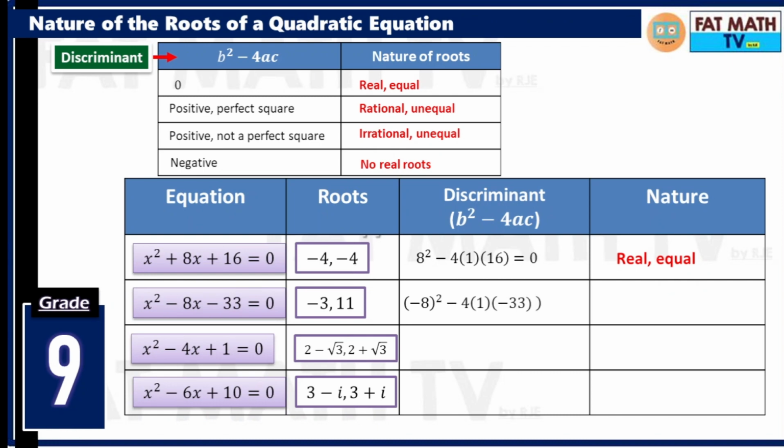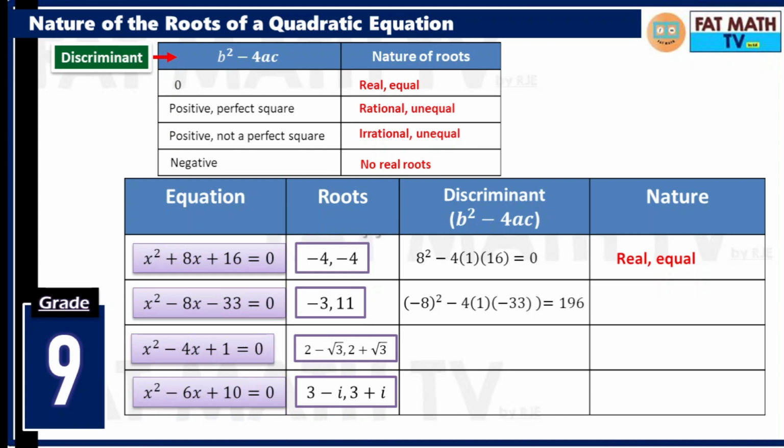For the second one, the discriminant is b squared. B is negative 8 squared minus 4. A is positive 1 here, and c is negative 33. So times negative 33. So we have positive 64 plus 4 times 33. That will give you 196.